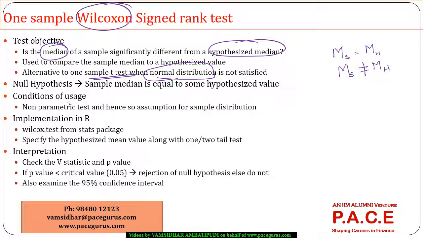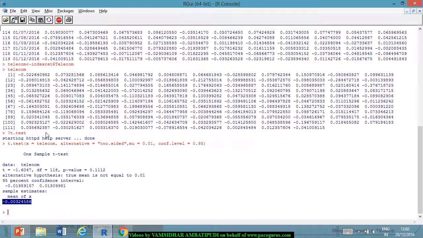And let me tell you, there are no assumptions regarding the distribution of the data because this comes under the category of a non-parametric test. And this can be executed from the wilcox.test function, exactly from the same stats package.